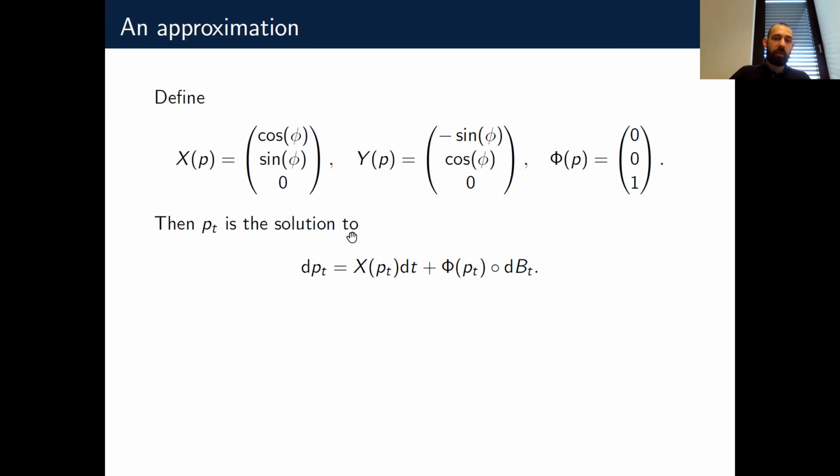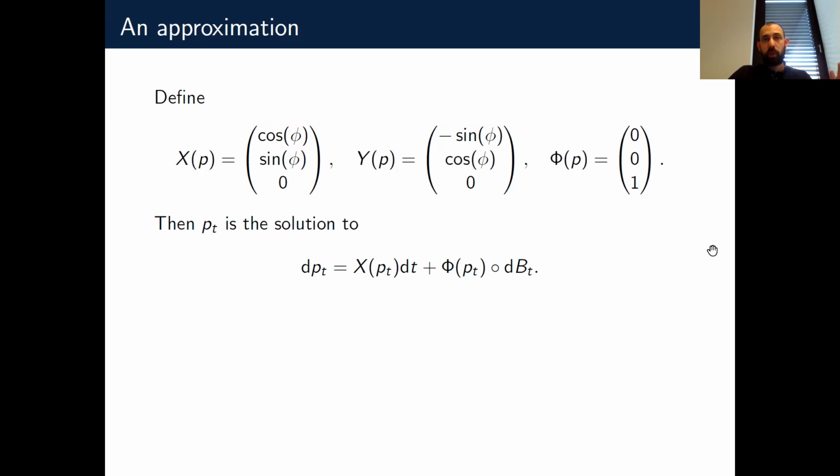The angle of my velocity is phi, so my x moves with intensity cosine phi, my y moves with intensity sine phi. And then I have some Brownian motion along the angle. In fact, there's a Stratonovich differential here, but it could be E2. It's just constant; it's just a Brownian motion along a fixed direction.